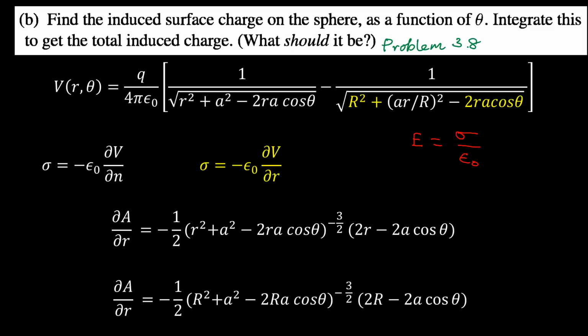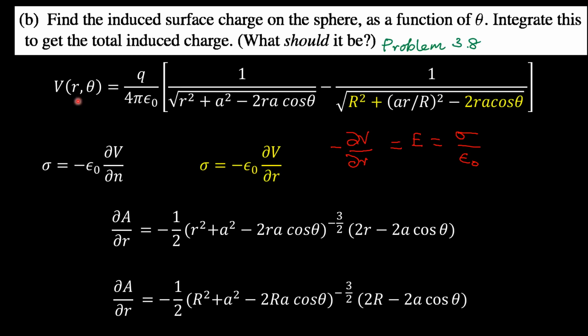But what is E? The electric field is the negative gradient of potential, that is minus dV over dR. So if you bring this epsilon naught over, sigma will be equal to minus epsilon naught dV over dR. That's what I have written here.